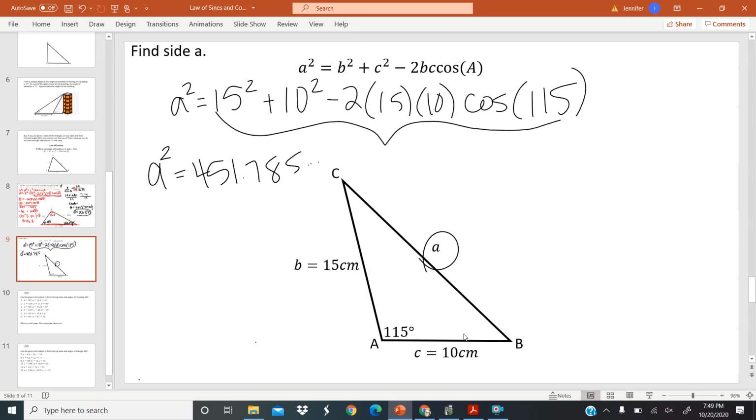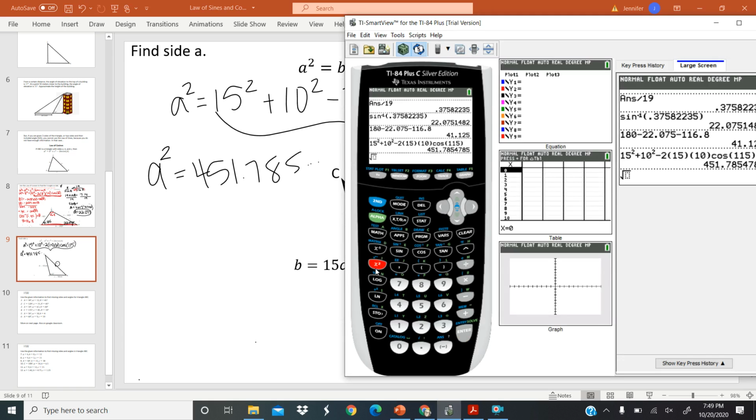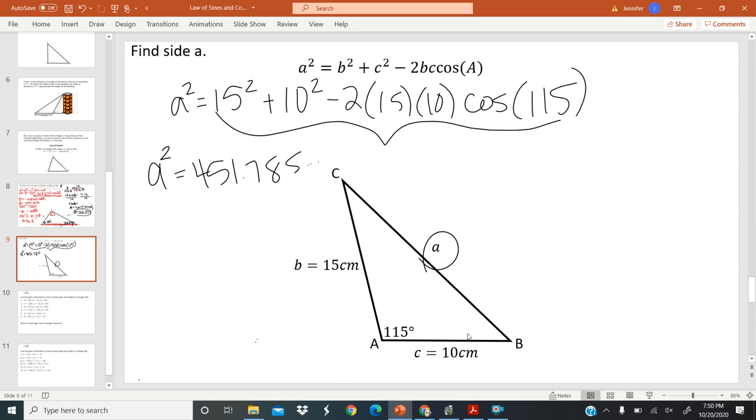And so the last thing that I need is to take the square root so that I can solve for A. So to do that, I'm going to hit second x squared and second answer so that I can get that previous number in there. And I would get A is going to be 21.255.